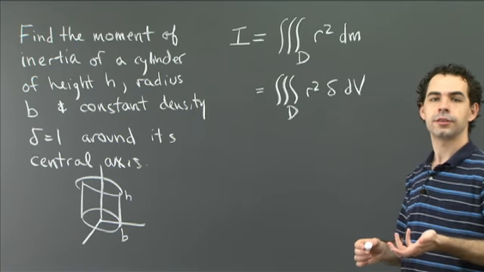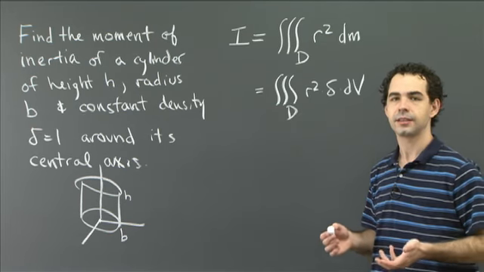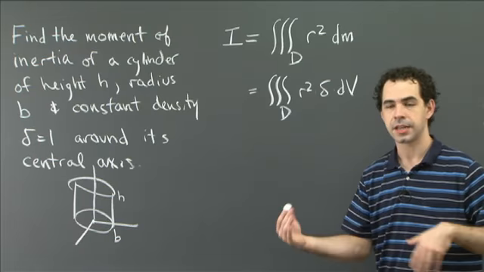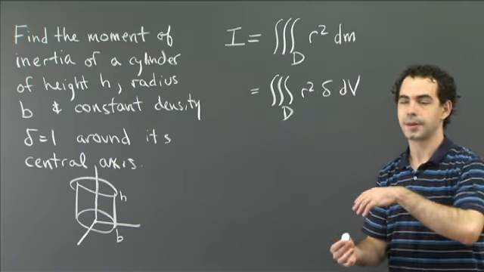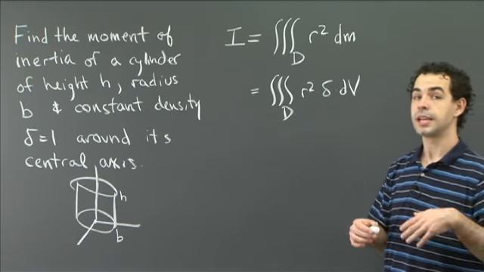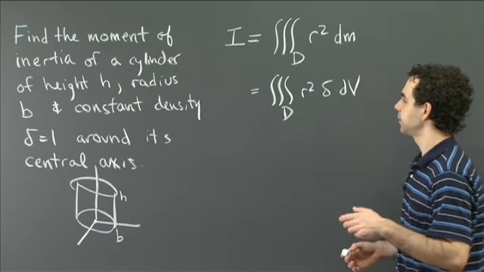So a natural thing to do when you have a cylinder or anything that's rotationally symmetric, and you have an integrand that behaves nicely with respect to rotation, that can be written easily in terms of r, or r and theta, is to think of cylindrical coordinates.